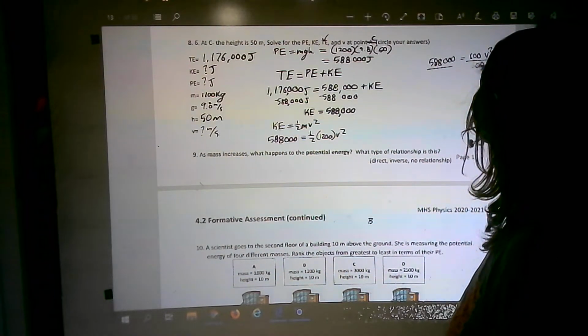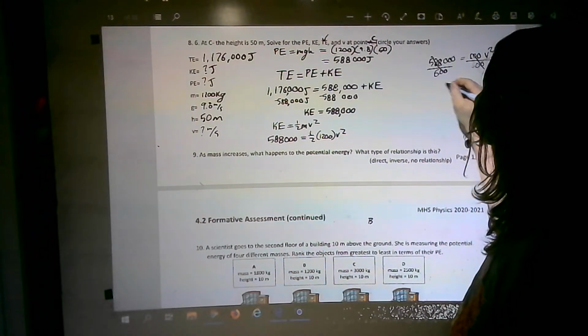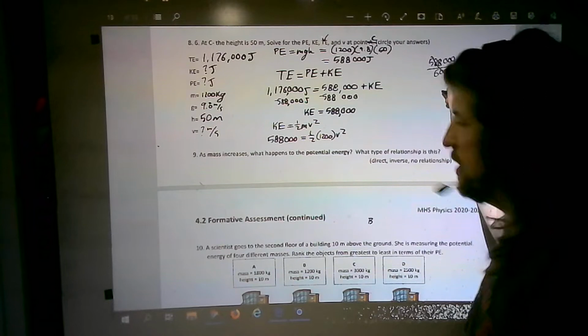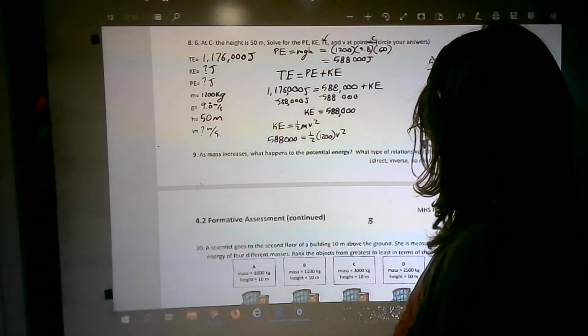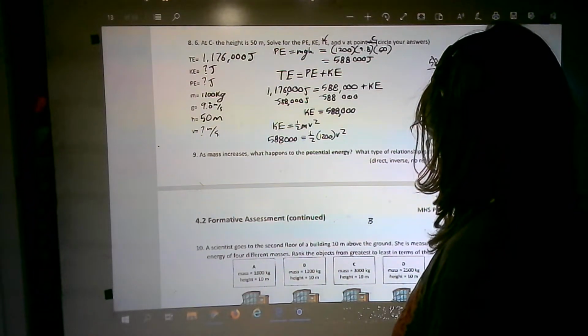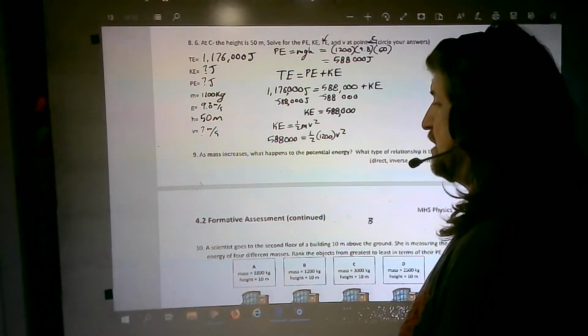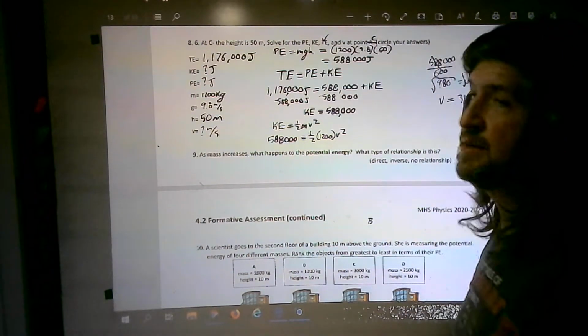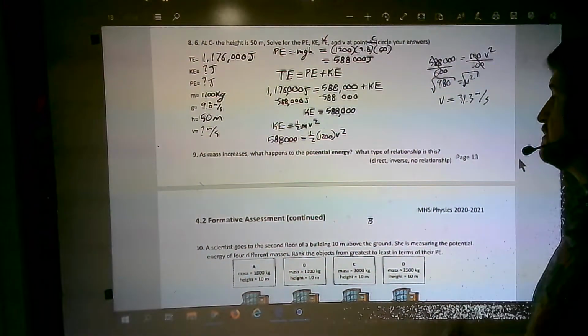Undo that multiplication with a little division. And we're going to get v squared is equal to about 980. Take the square root to finish it out and get us v. And we get our velocity at that point is about 31.3 meters per second. Not too bad.